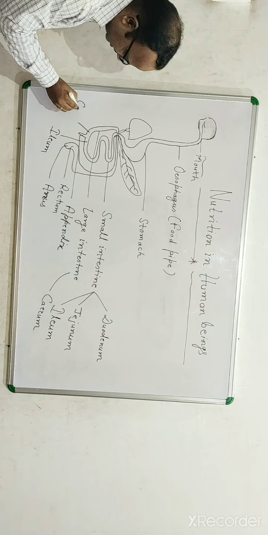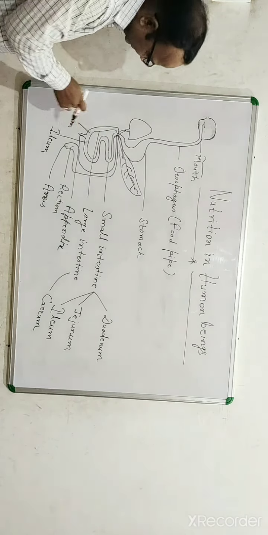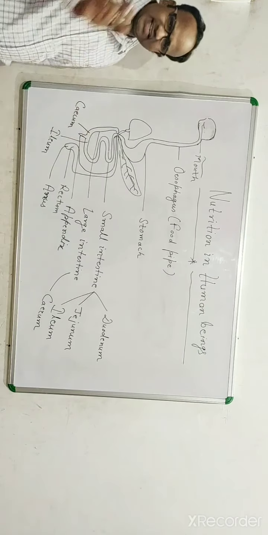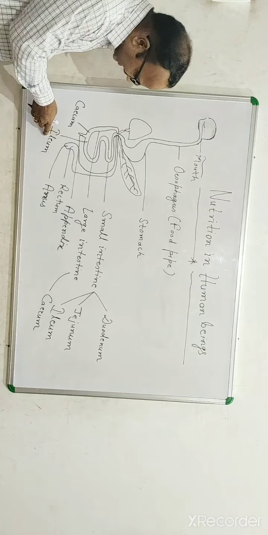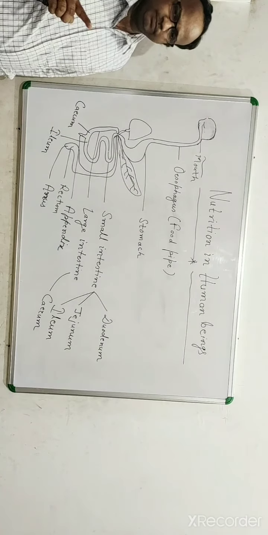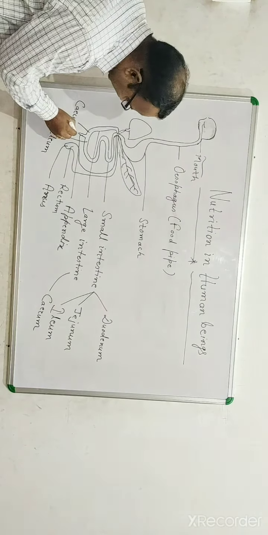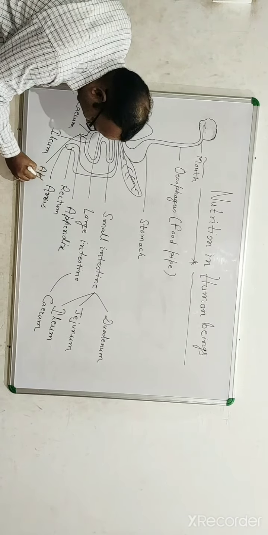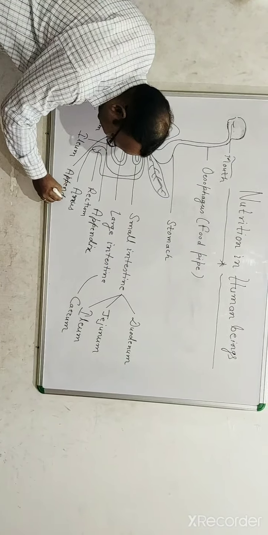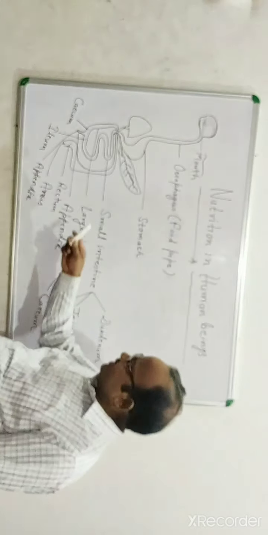This appendix is present at the junction of the ileum and cecum. Remember it: this small organ is a vestigial organ.